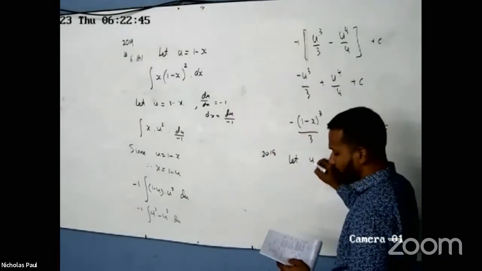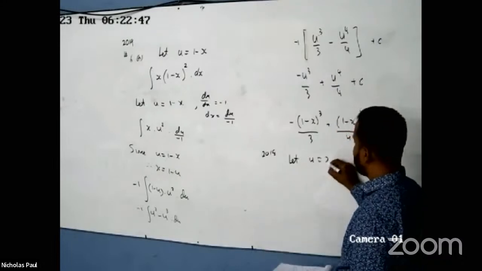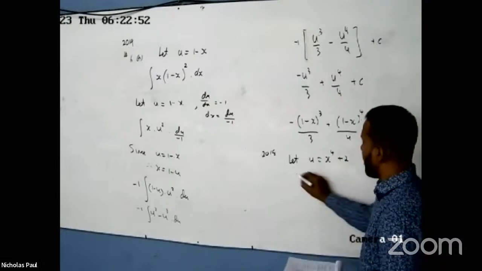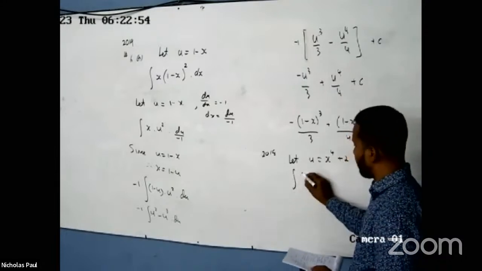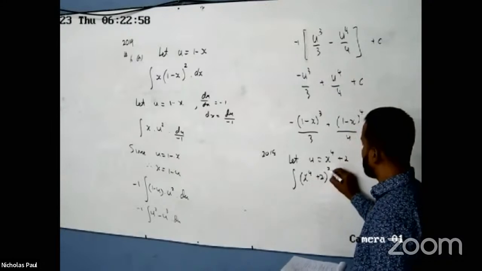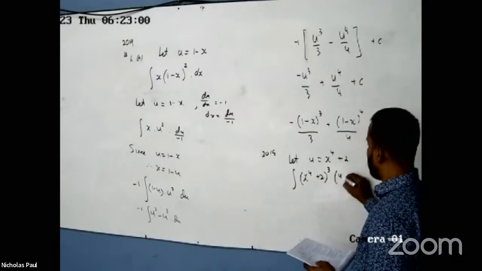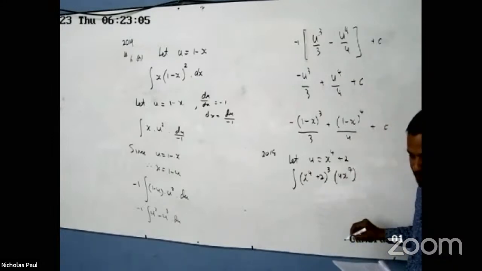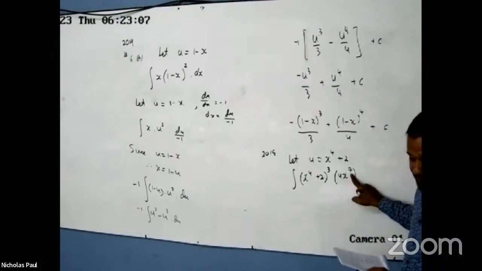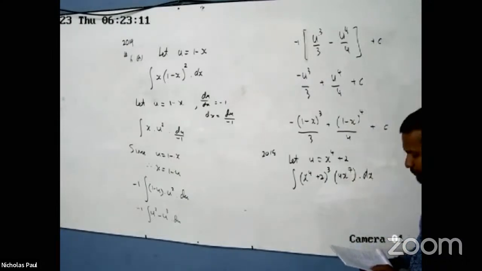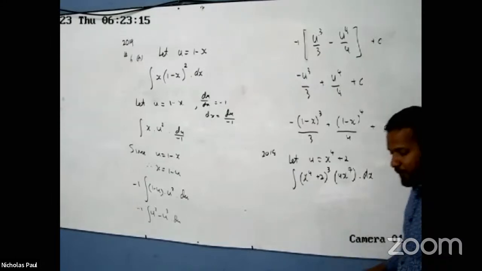Again, they told you what to use. u is equal to x to the power of 4 plus 2. They would like you to integrate x to the power of 4 plus 2 all cubed by 4x to the power of 7 dx. Go ahead. Integrate that fast.